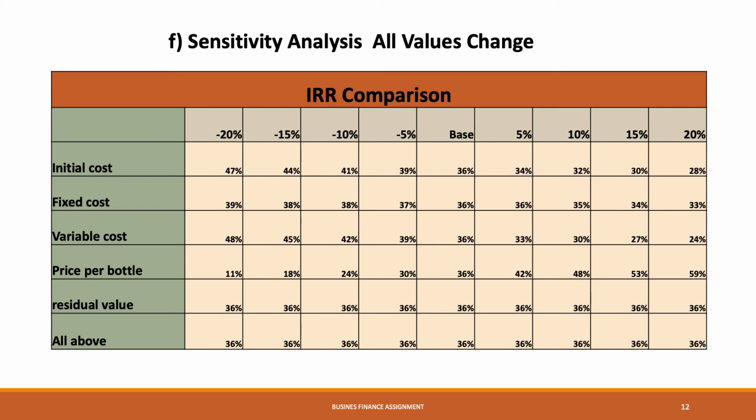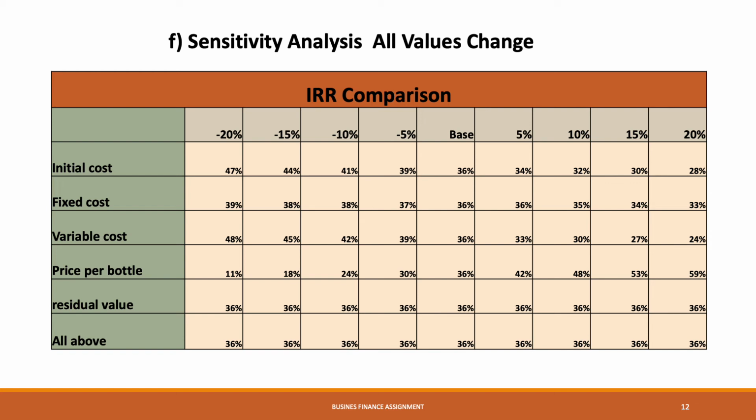If we decrease the variable cost by base price, the IRR will increase, and if we increase the base price, the IRR will decrease. But for the price per bottle, it is an altogether different scenario. By decreasing the base price, the IRR is also decreasing, and by increasing the base price, the IRR is also increasing. And for the residual value, there is no change in the IRR.